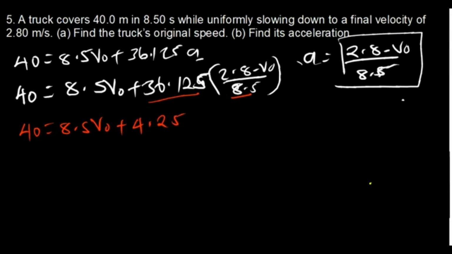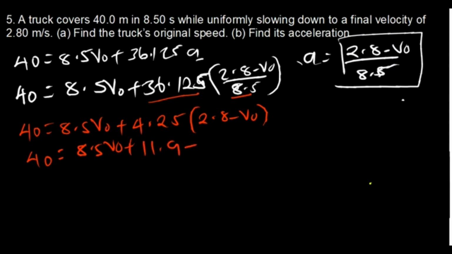That one is giving me 4.25, open brackets, 2.8 minus v initial. Now I'm going to distribute 4.25 everywhere inside there. So I have 40 equal to 8.5 v initial plus 4.25 times 2.8, which is 11.9, minus 4.25 v initial.